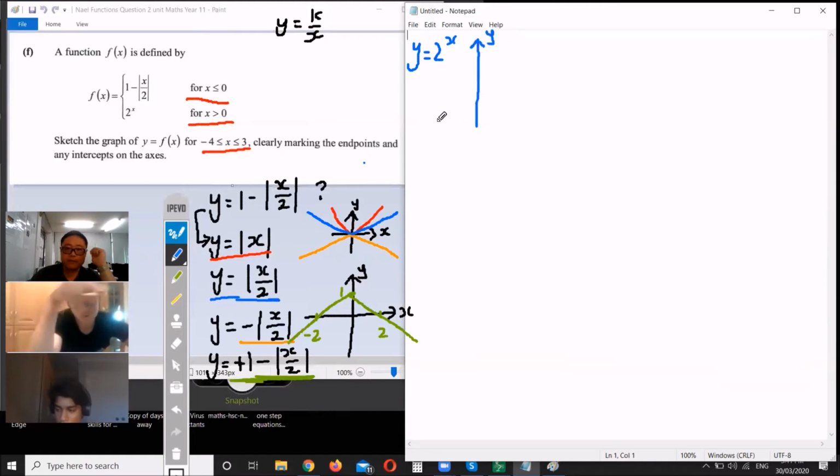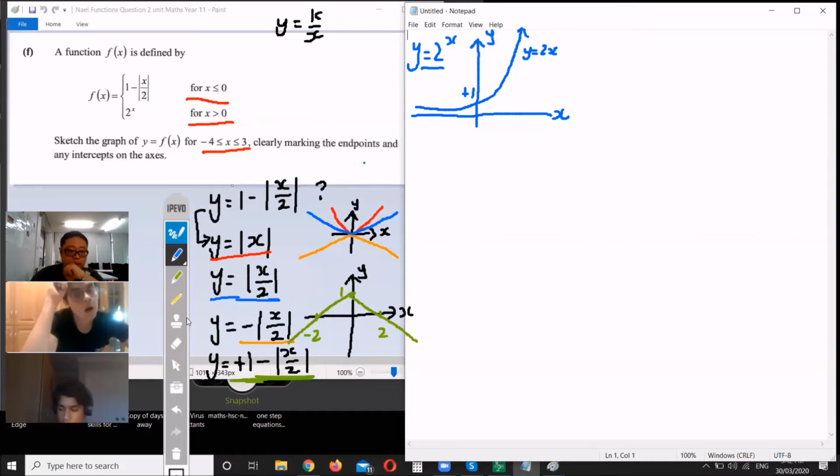That's just the exponential curve, like you've probably seen a lot lately. It cuts the y-axis at y equals 1. And this is y equals 2 to the power of x.